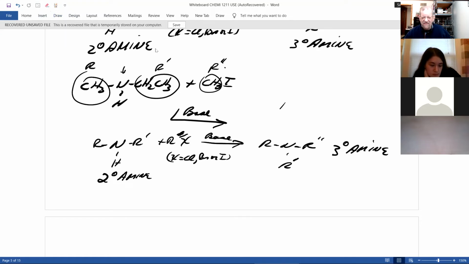Now, therefore, I'm going to have my nitrogen, R, R prime, and I could have put the methyl group on that side too. There's free rotation around the carbon nitrogen single bond. And my last R double prime is here. Now notice that's dimethyl ethylamine. I could have also written it, which I might on a test, this way.